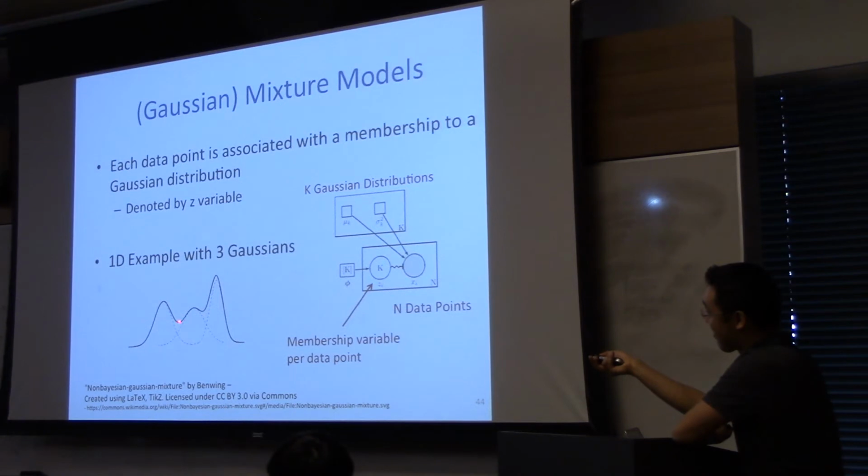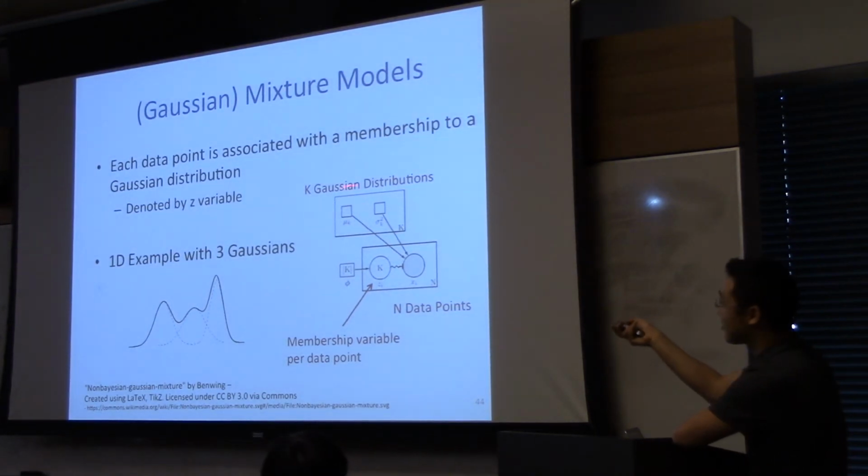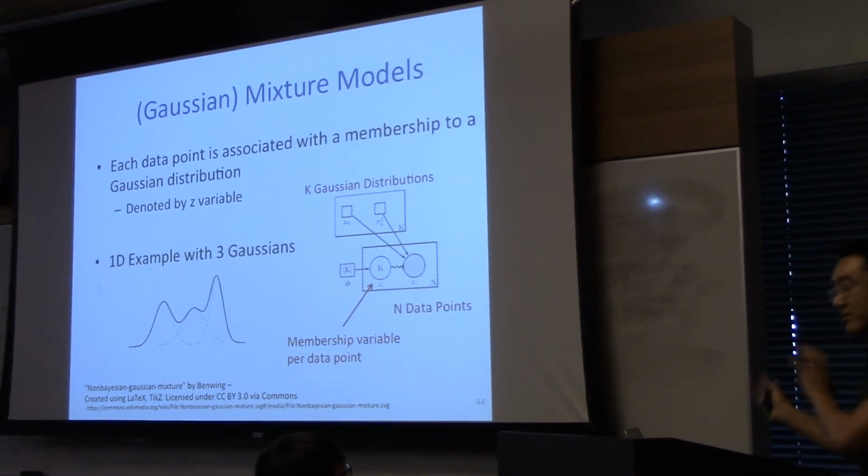So for example, at this point, right? Given that I'm testing this point, conditioned on this point, there's some moderate probability it came from cluster 1, some moderate probability came from cluster 2, very low probability came from cluster 3. Right? If you treat the Gaussian distributions as clusters. And again, we'll talk about clustering later on in the course.